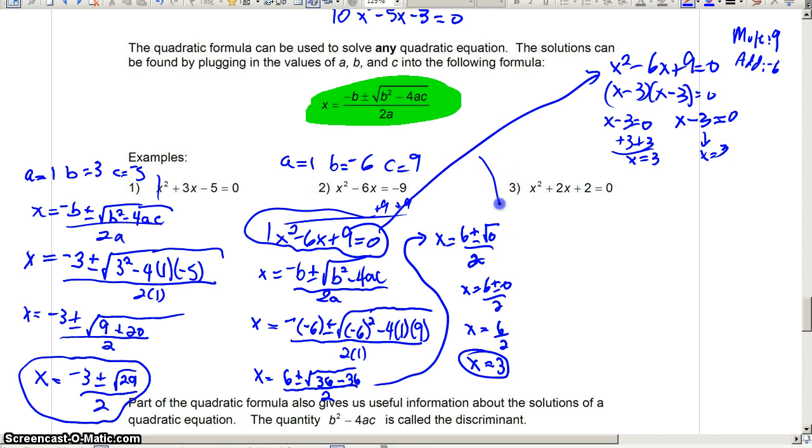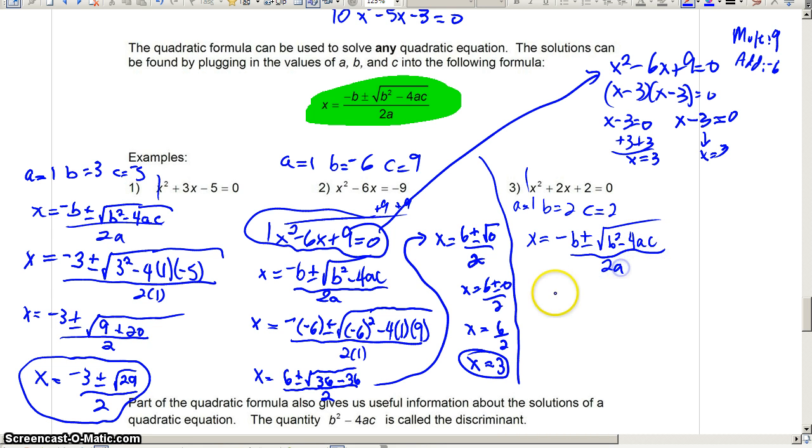Okay, one more of this type. Let's take a look at number 3. We'd have a is equal to 1, b is equal to 2, c is equal to 2. And here we go again with the quadratic formula. We'd have opposite b plus or minus the square root of b squared minus 4ac all over 2a.